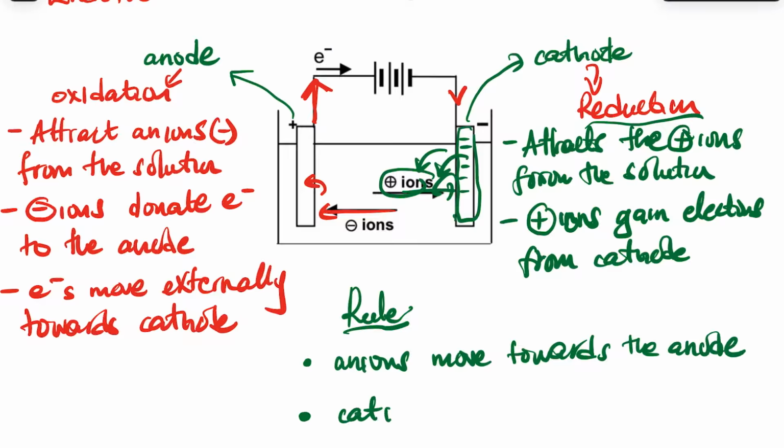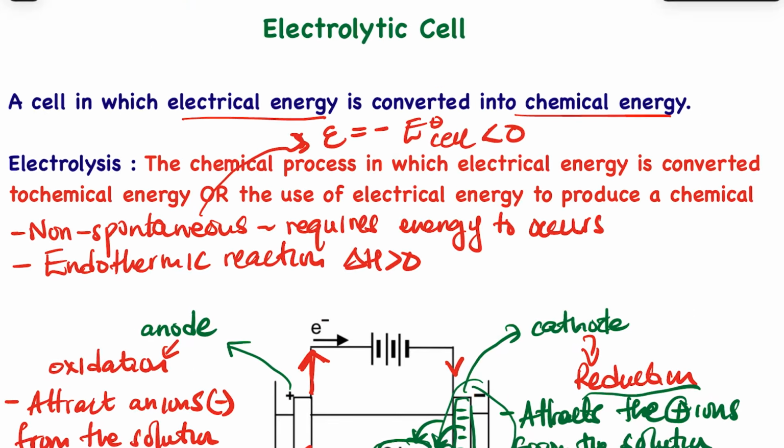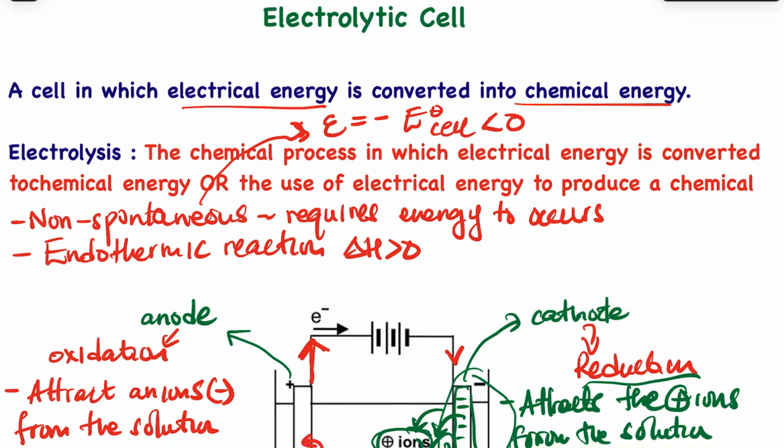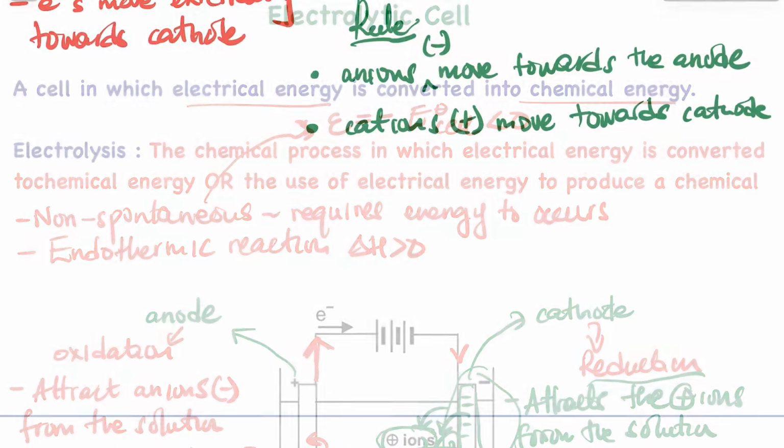And the cations, when I refer to negative ions I refer to the negatives, and the cations I refer to the positives, move towards the cathode, just like I've mentioned here. The cations go to the cathode, the negative ions to the anode. Guys, those are the basic principles of the electrolytic cell. In the next video, I'm going to look at the types of electrolytic cells.